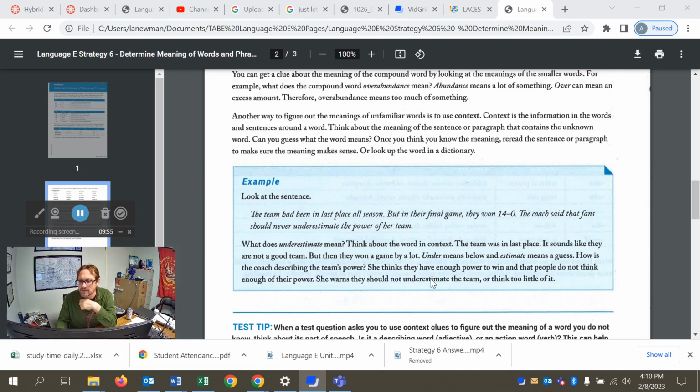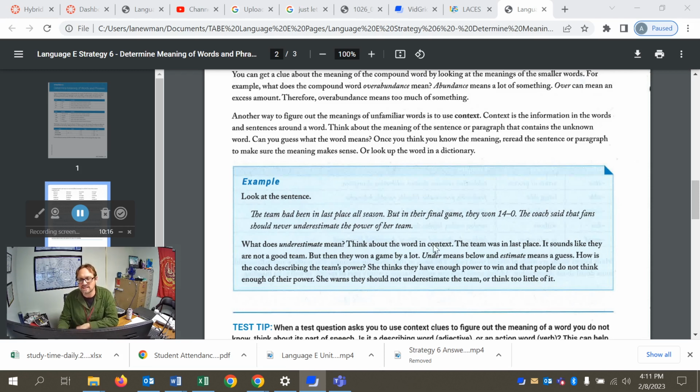Under means below, and estimate means a guess. So here they're actually breaking it down into the compound word parts. How is the coach describing the team's power? She thinks they have enough power to win and that people do not think enough of their power. She warns that they should not underestimate the team or think too little of it.